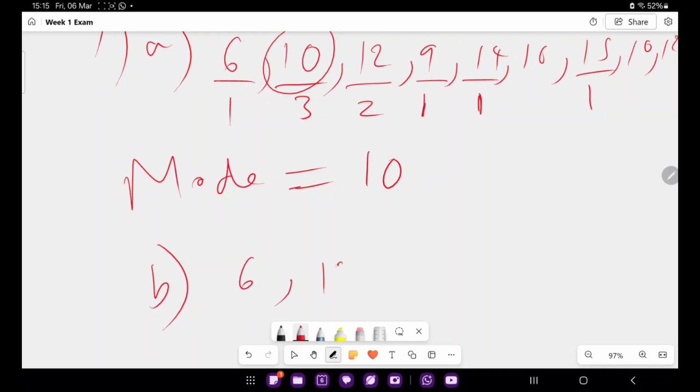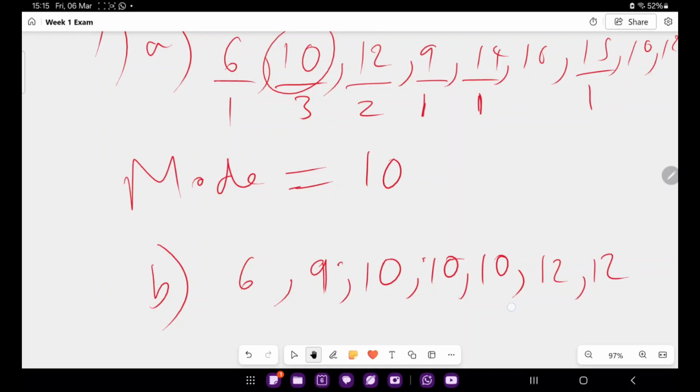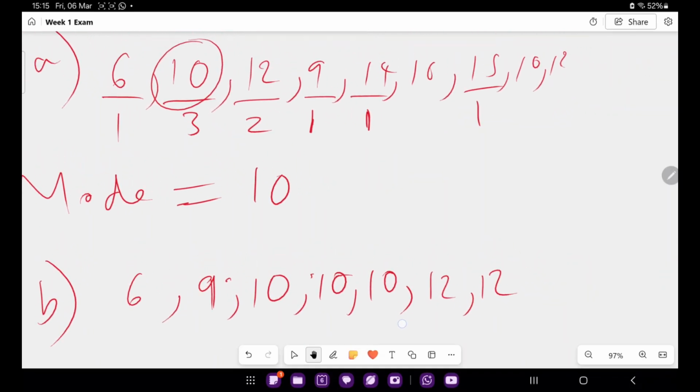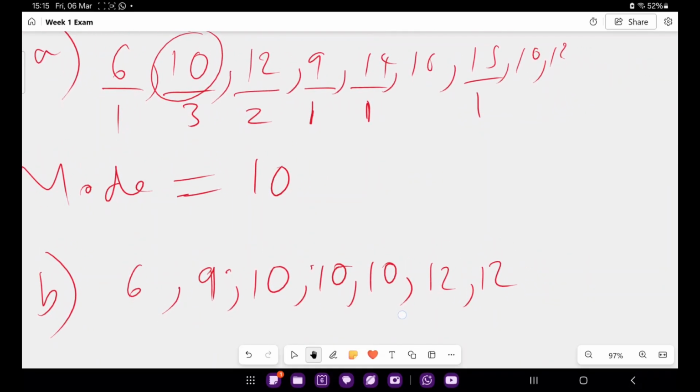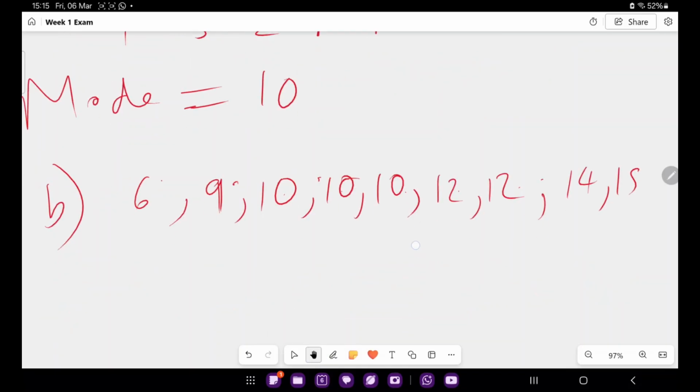So 6, 9, 10, 10, another 10, 12, 12, 14 and 15. So let me count. 1, 2, 3, 4, 5, 6, 7, 8, 9. Yeah, so they are.